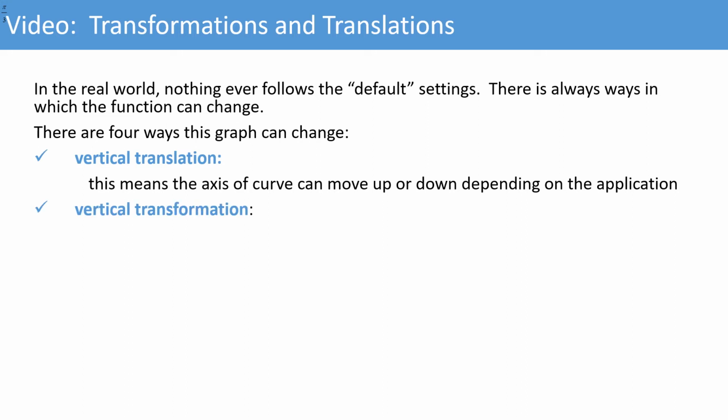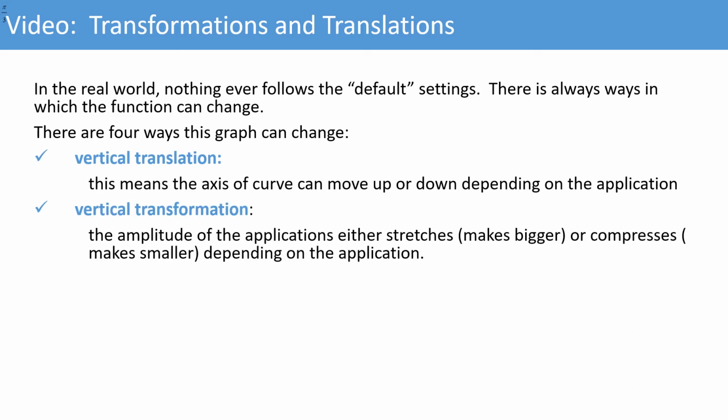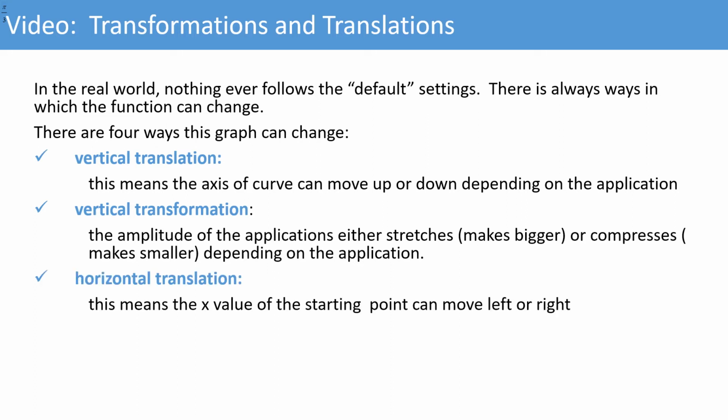Vertical transformation: the amplitude of the application either stretches, gets bigger, or compresses, gets smaller, depending on the application. Horizontal translation: this means the x value of the starting point can move left or right.